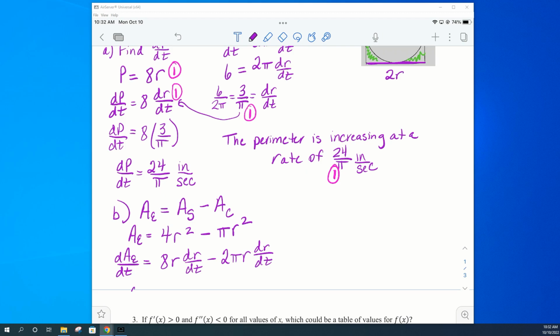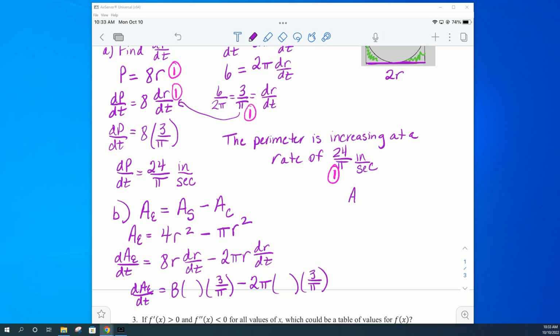I'm going to plug in my stuff, but I quickly come to a oh shoot, because I don't know r. If I start plugging in, this is what I have. I'm plugging in what I know, because then I think, well, what am I missing? I'm missing r. But I haven't even used my given, at the instant when the area of the circle is 25 pi.